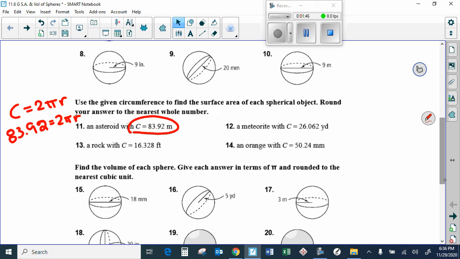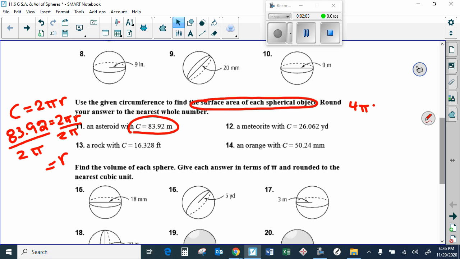We're solving for r, so we're going to divide by 2 pi on both sides. You get r, and it wants the surface area of a spherical object, which is a sphere. Surface area is 4 pi r squared. Then round your answer to the nearest whole number.